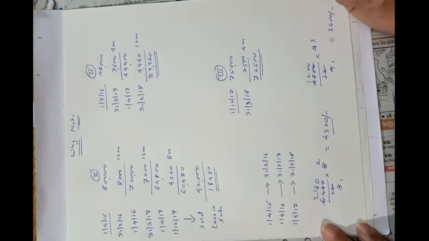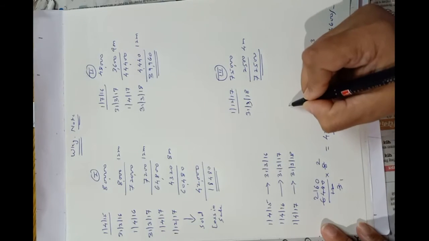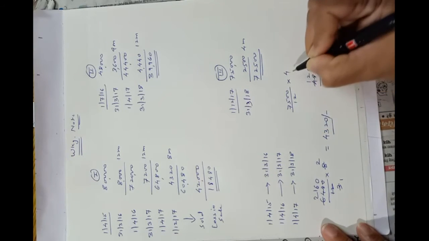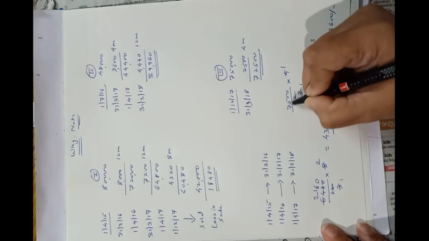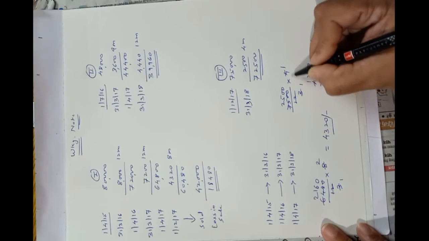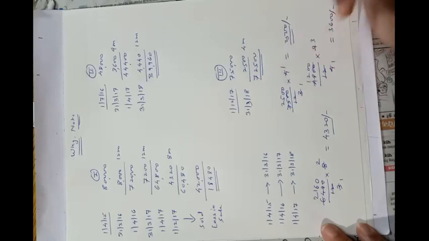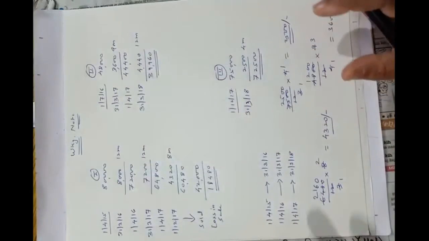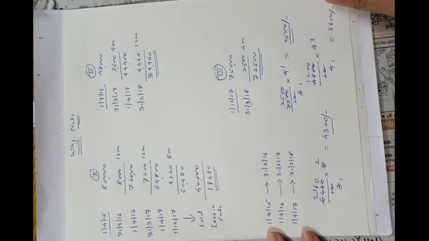You must have understood how this came. If not, I will do it again here. 10% of 75,000 means 7,500 divided by 12 into 4 months. 4 1s are 4, 4 3s are 12, 3 1s are 3 here. So 2,500 into 1 is equal to 2,500. In this way we have deducted depreciation for 4 months. Okay, so here we are done with the working note.